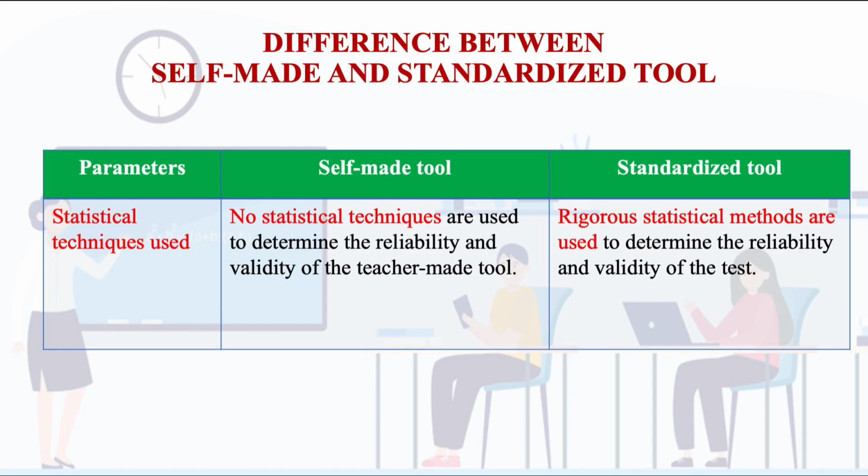And further, so far as statistical techniques are concerned, in a self-made tool no statistical techniques are used to determine the reliability and validity, because there is no need of establishing reliability or validity. But for a standardized tool, rigorous statistical methods are used to determine the reliability and validity of the test.